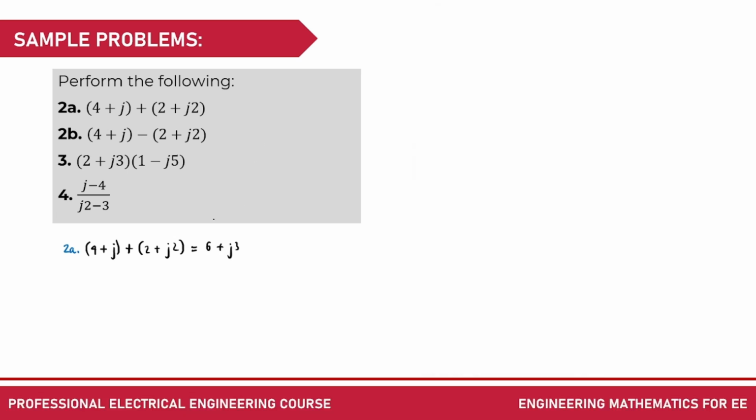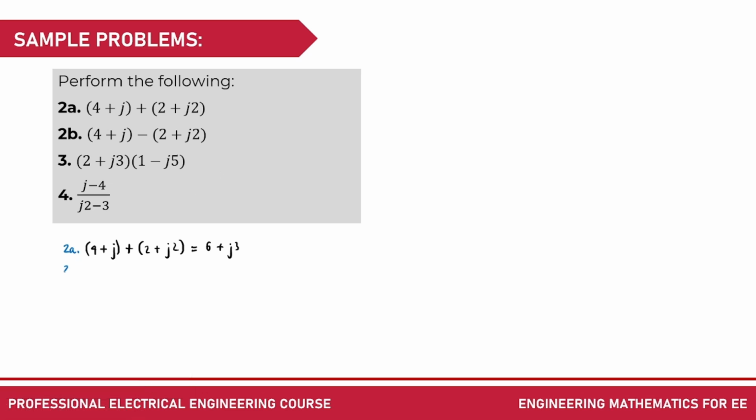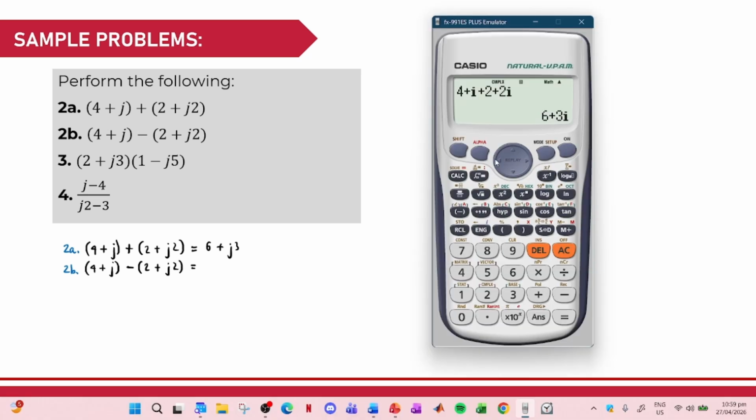And then next to it is 2b. For 2b, we have 4 plus j minus 2 plus j2. All you have to do is change this to subtraction, but we have to put parentheses or quantity there.